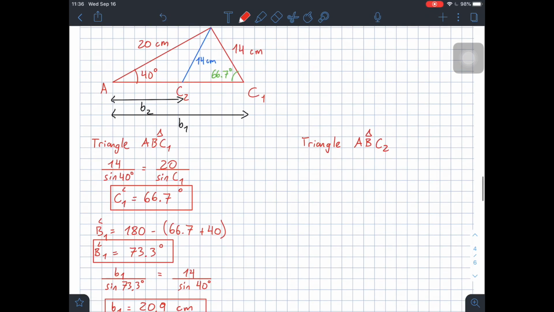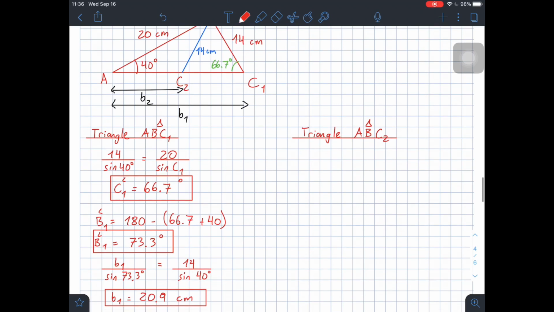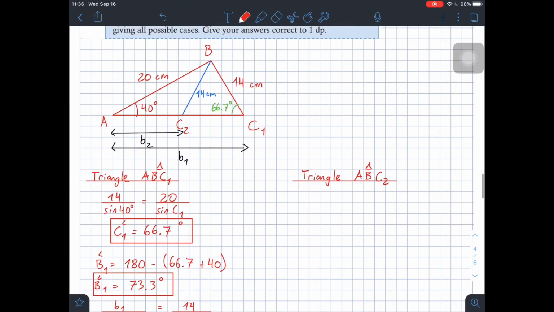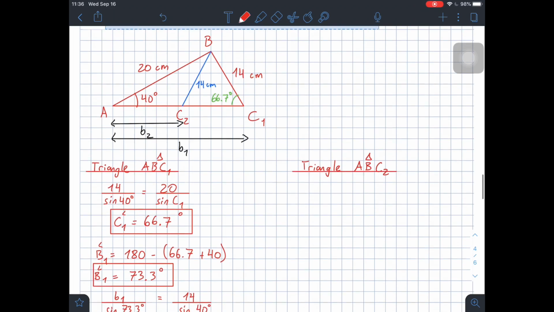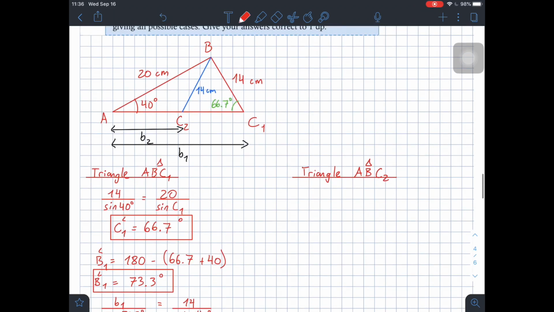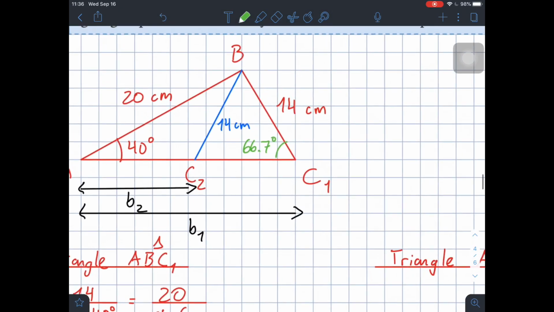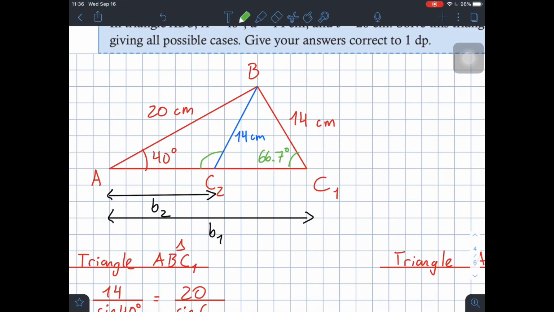Triangle ABC2. Okay, this is one triangle, this is another triangle. So if we work with triangle ABC2, we're looking at this triangle over here, right? First thing we need to do is calculate this angle over here. If you take a look at this image, you would clearly see that angle C2 is actually the supplementary angle of 66.7.